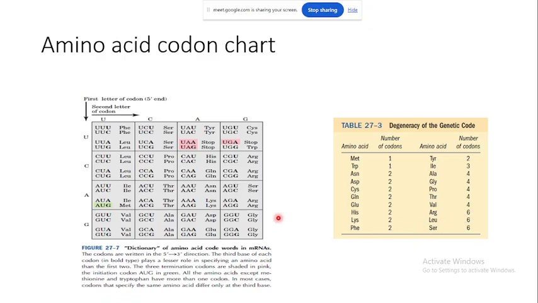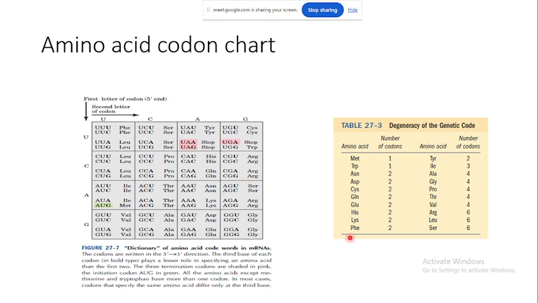And arginine has 1, 2, 3, 4, and so these 6 codons, and serine also has 6 codons, 2 here, AGU and AGC, right, 2 here, and apart from that, here UCU, UCC, UCA, and UCG, these 4 and these 2, there are 6 codons for serine.